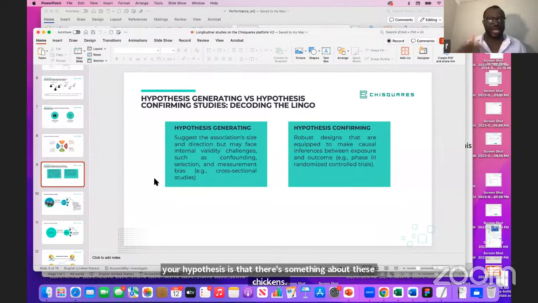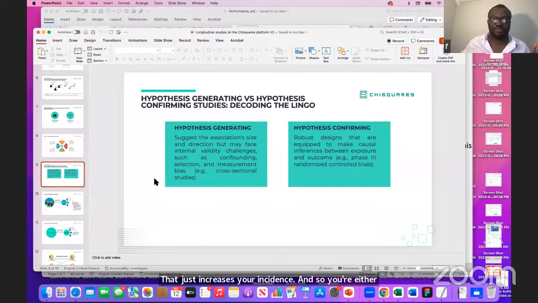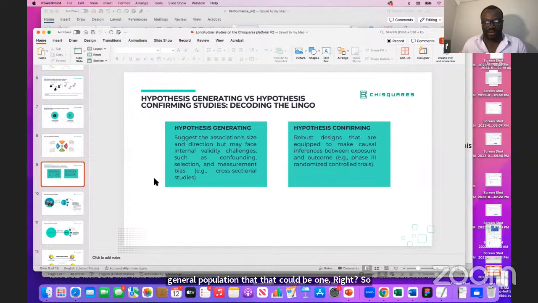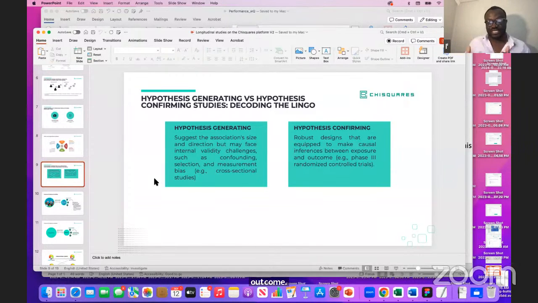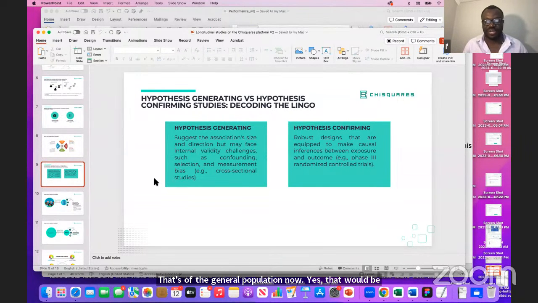You are either comparing them to another group or to the general population who are not poultry farmers. So you are trying to compare the incidence rates for that outcome in the poultry farmers versus the general population. Yes, that would be a cohort because you have two groups that you're comparing, right?